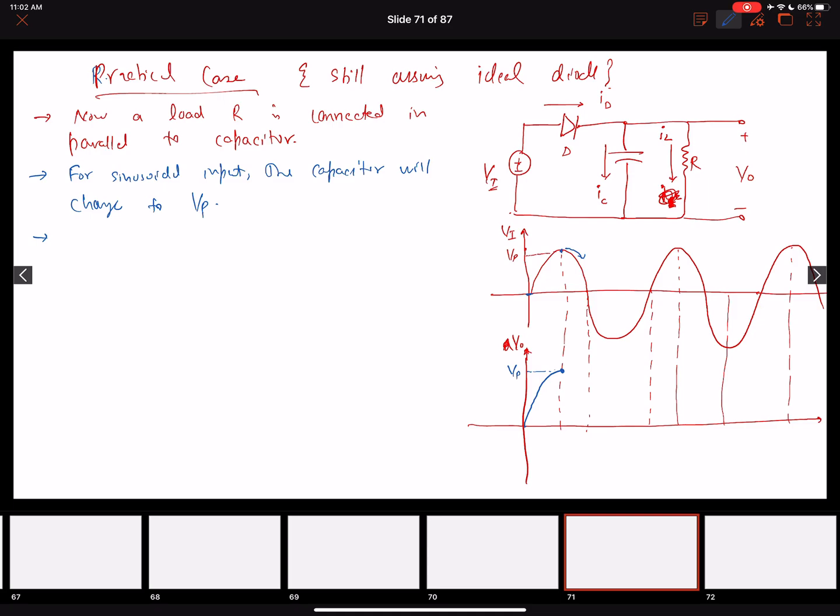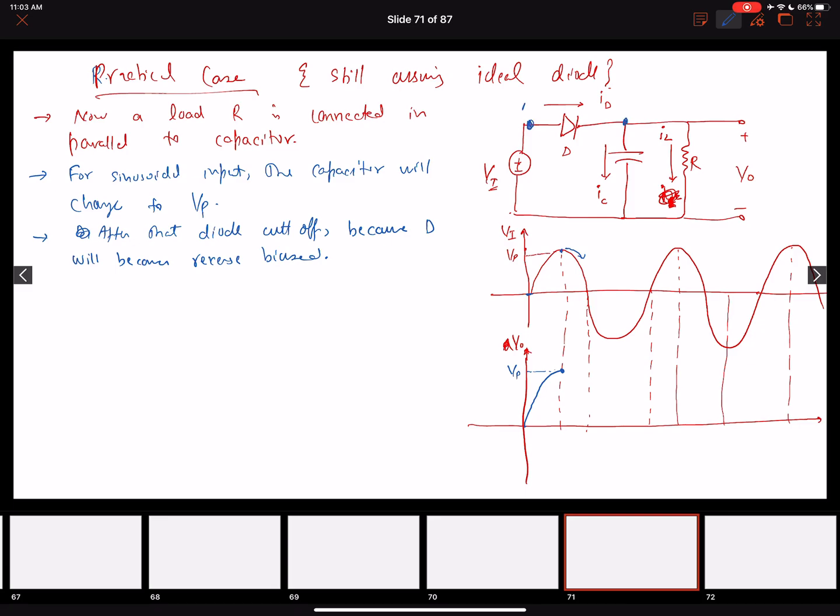So after that, the diode cuts off, because the diode will become reverse biased. And this condition will remain the same until my potential over here becomes greater than my potential over here, right?